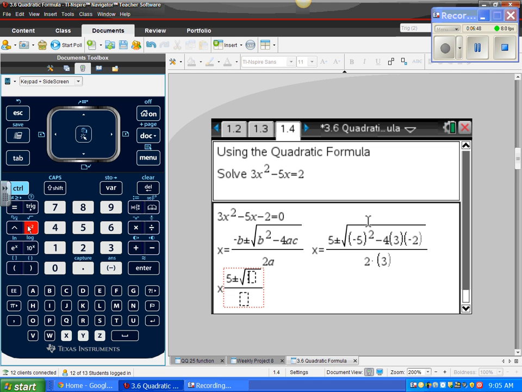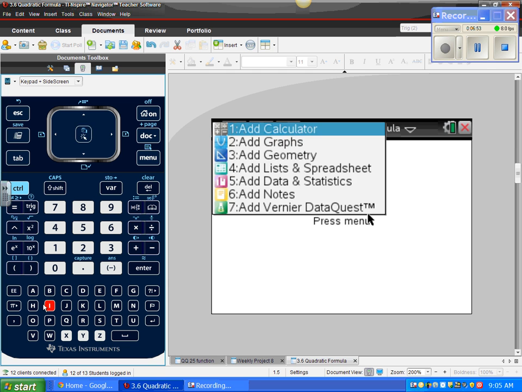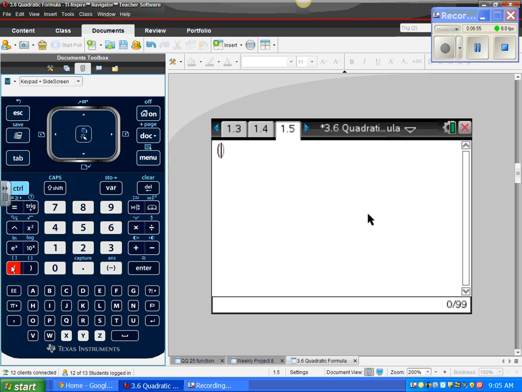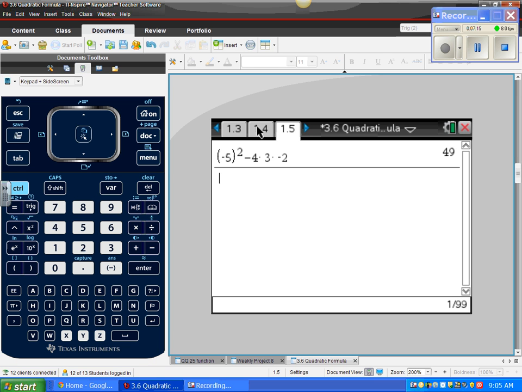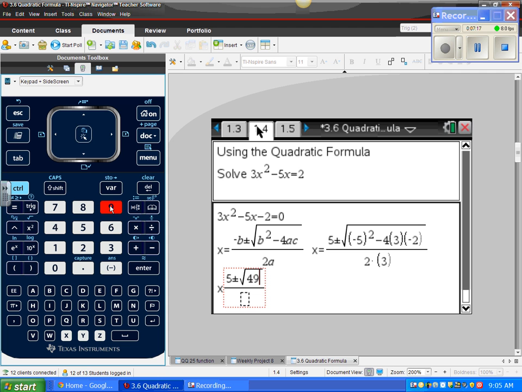So negative 5 squared minus 4 times 3 times negative 2. We get 49. So that's what goes underneath my radical. 2 times 3, which is 6.